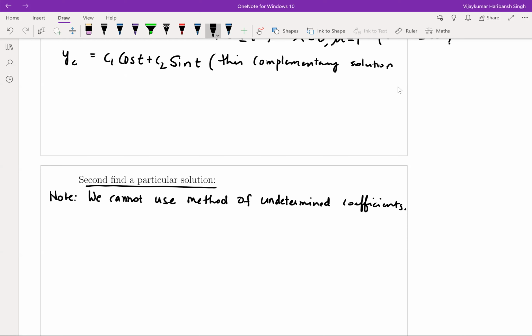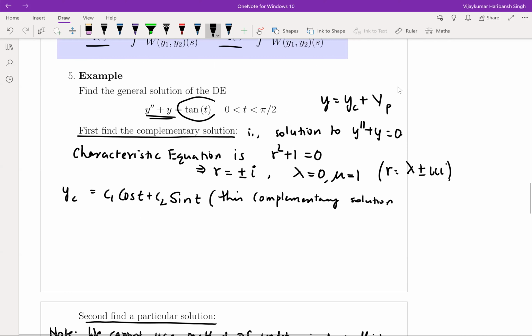And we cannot use it here. What is the justification for not using the method of undetermined coefficients? Because your g of t is tan t here, right?